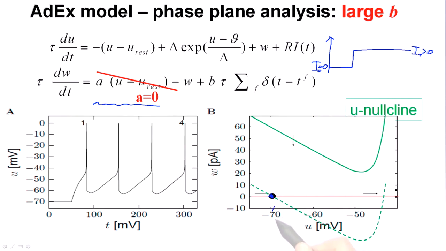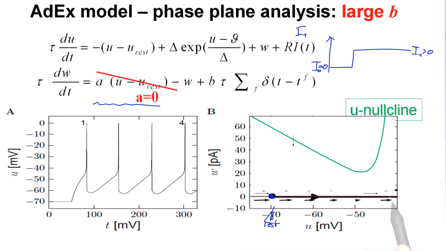That's the resting value. But now we switch on the current. We now have a constant value I1, and the result of this is that the U null line is shifted vertically upwards. The fixed point therefore disappears, and the voltage will move.